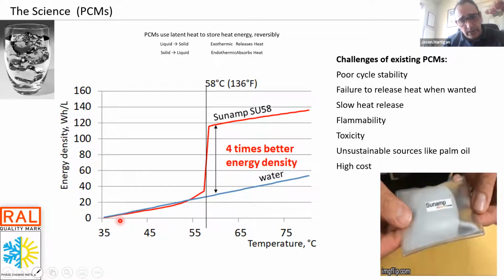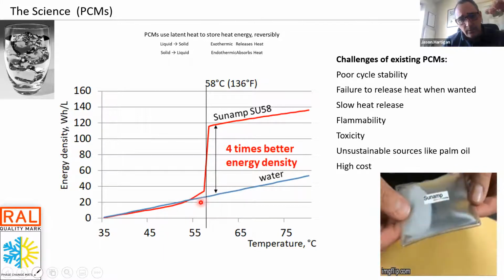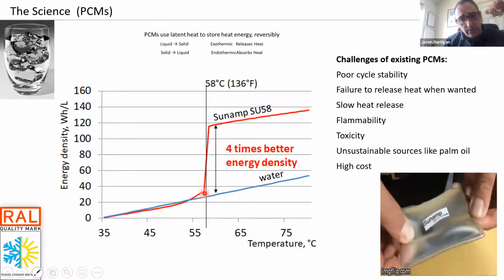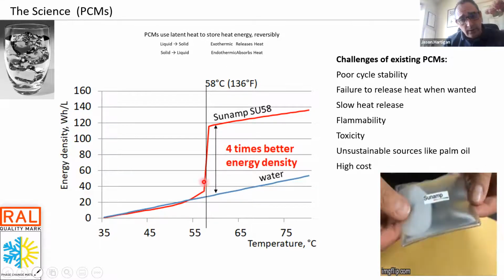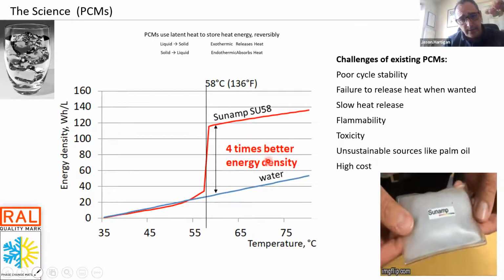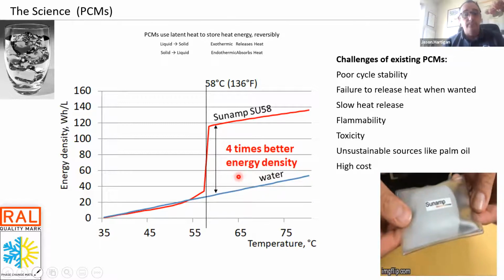If we introduce heat into it, once it gets above 58 degrees C, the phase change material will start melting and absorbing the latent heat. Because we've got 4 times better energy density than water, we can store all our energy in less material.